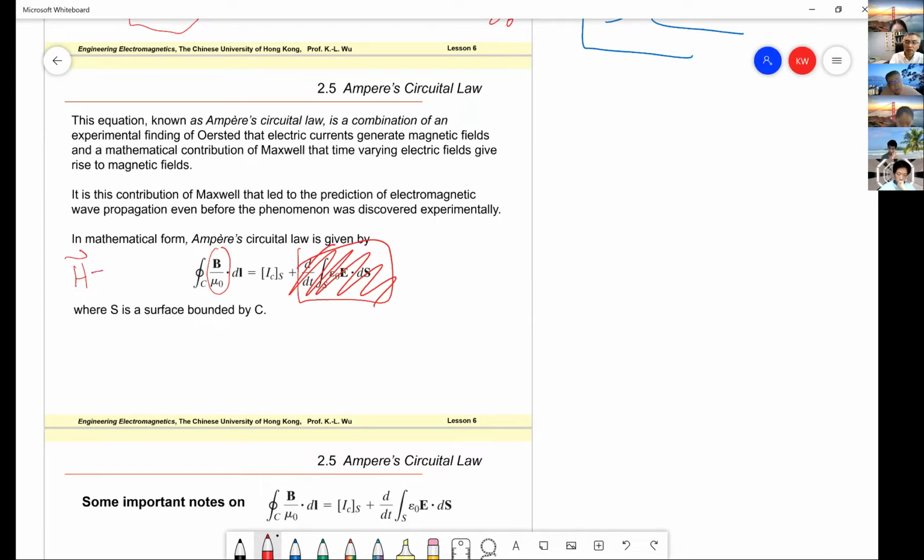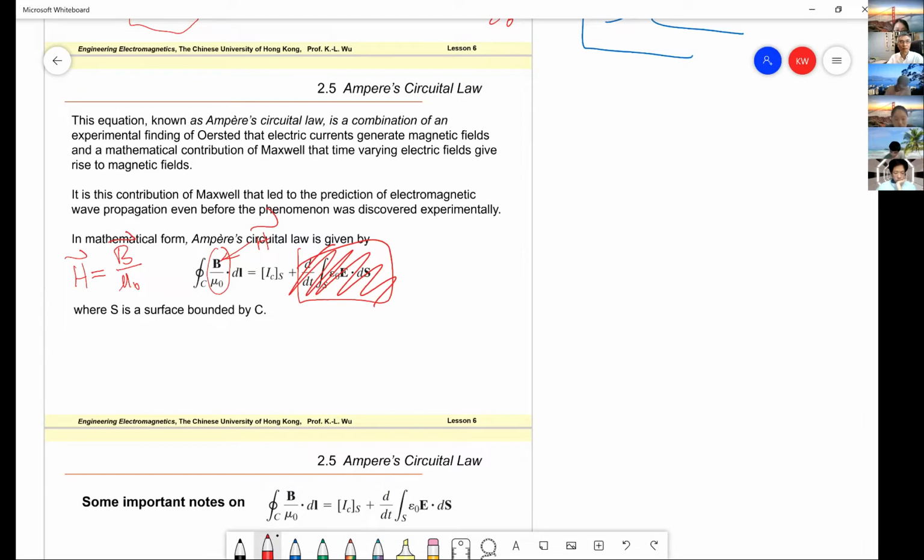This H is defined by flux density divided by a constant we call permeability. This is just for convenience. The reason is that if I replace this by H, the H closed line integration is directly equal to the current.